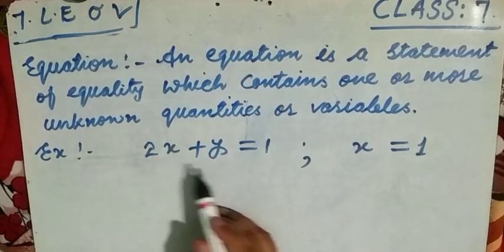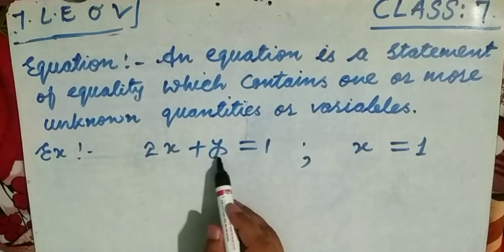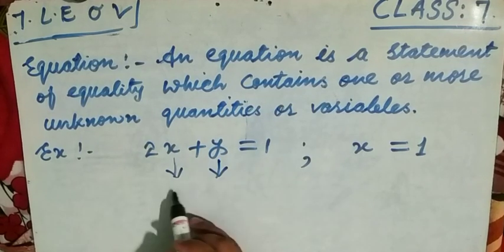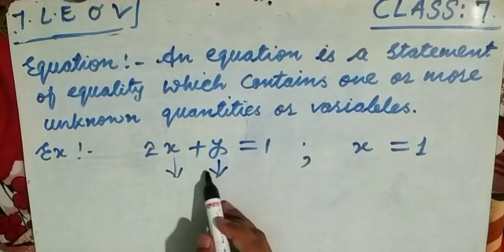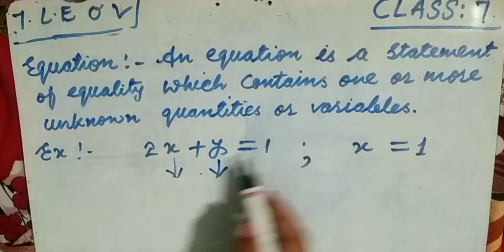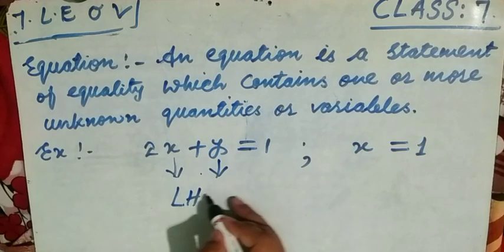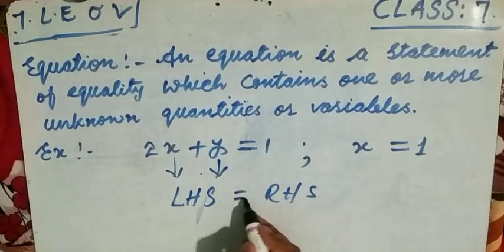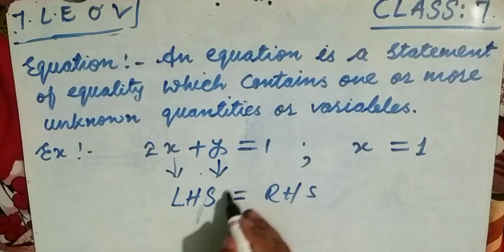Now we have taken an example here, 2x plus 1 is equal to 1. That means here x and y are two unknown quantities or two variables. Here is the equality sign, the equal sign. Here is the left hand side, LHS, and this is the right hand side, and in between them there is an equal sign.